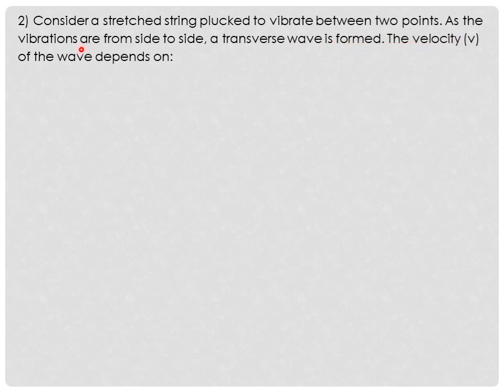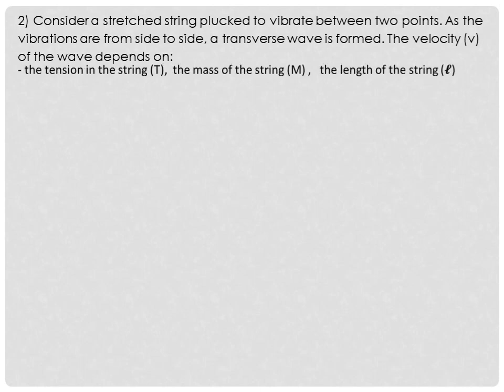The velocity v of the wave depends on the tension on the stretched string T, the mass of the string M, and the length of the string L. If you introduce another factor, maybe the pressure on the string, you'll discover that it does not depend on pressure. When you solve it out, pressure will disappear, just like we saw before.